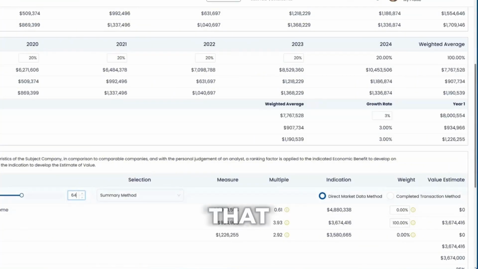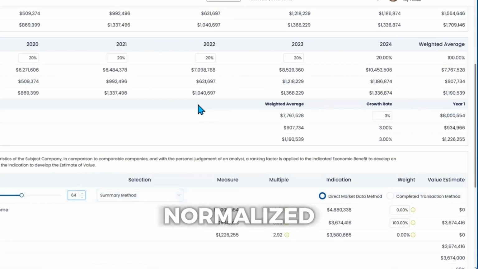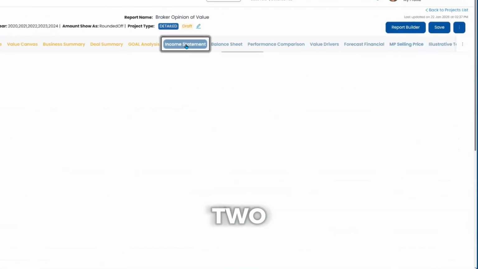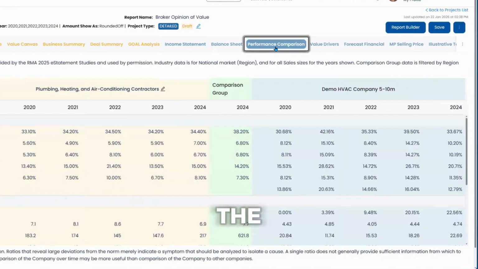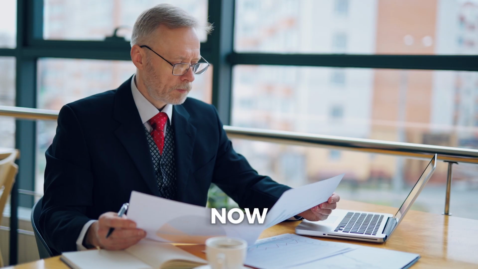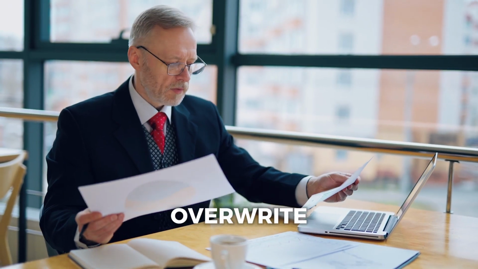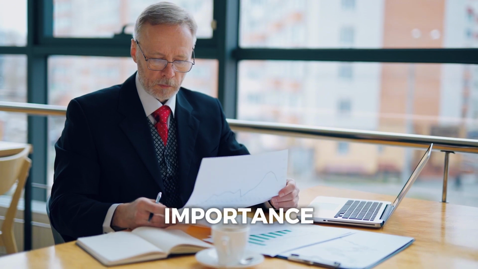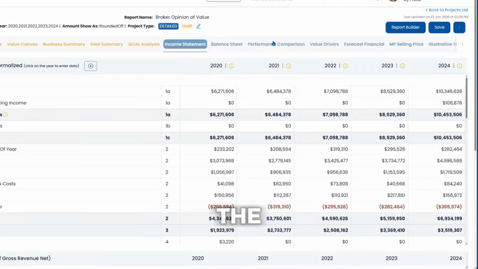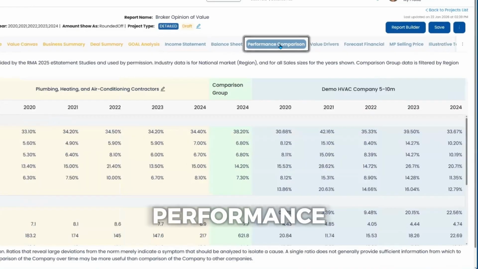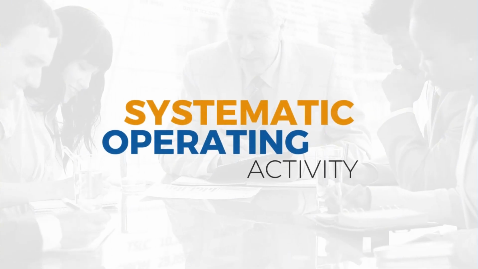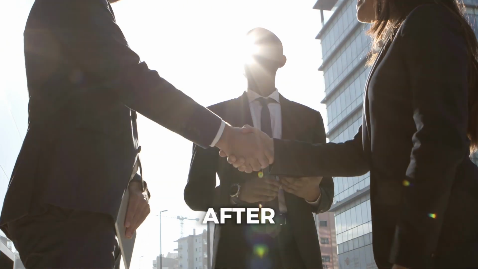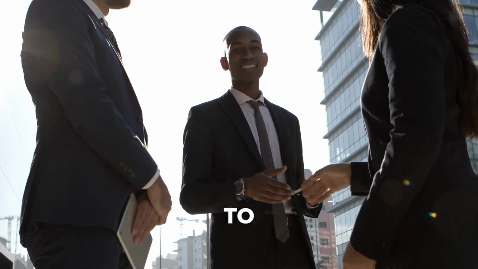And we can see that, one, because we've normalized our income statement. And number two, we've considered our performance comparison to understand the profitability and the activity. Now, of course, you're going to need to confirm, perhaps overwrite that, but it does speak to the importance of normalizing the financial statements so that the performance comparison accurately reflects that operating activity and the systematic operating activity that is likely to continue after the seller leaves and continues to the owner.